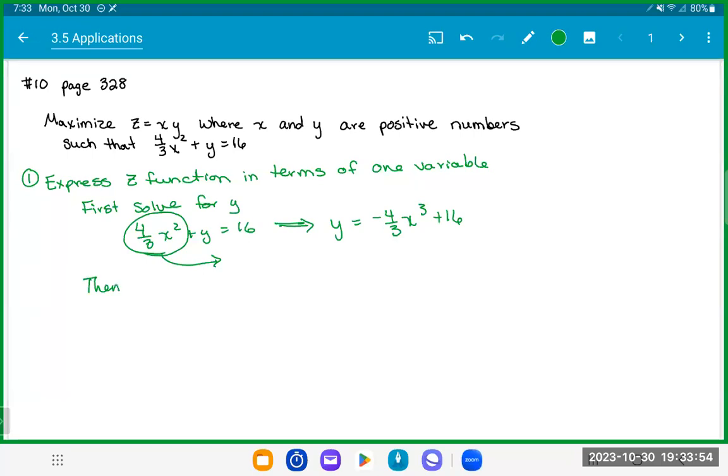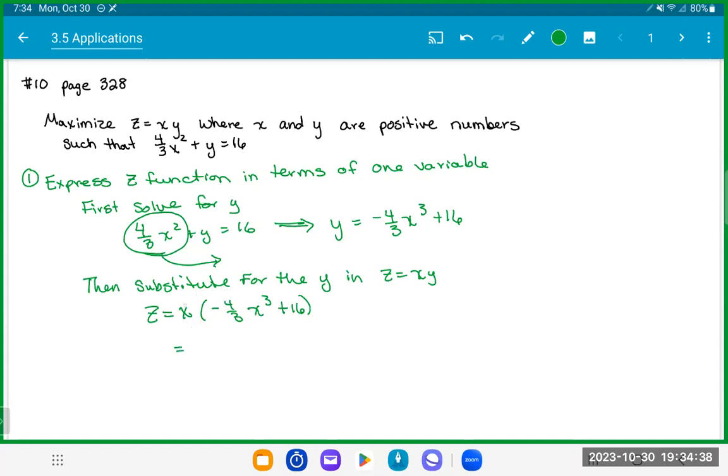Then we want to substitute y into our z function, into the y portion of our z function. So substitute for the y in z equals x times y. Okay, so z is equal to x times y, but we're subbing in negative 4/3 x squared plus 16. And that is going to simplify.